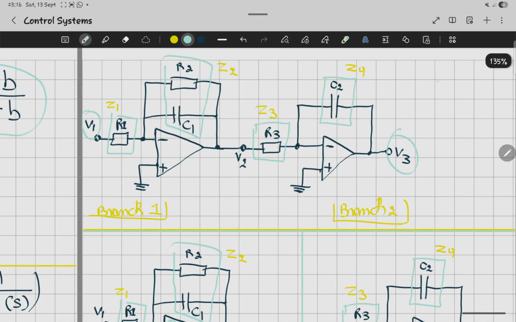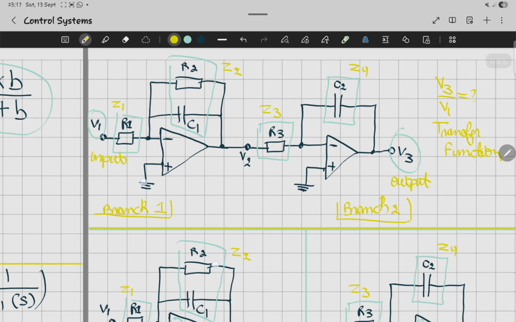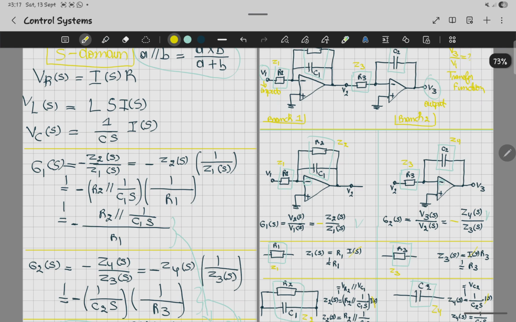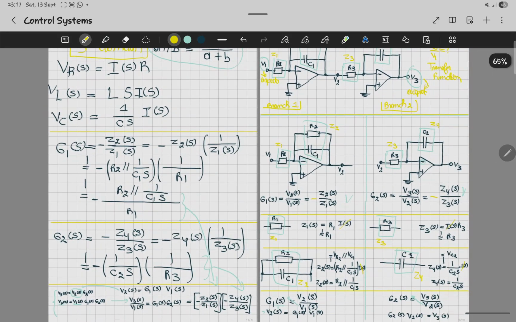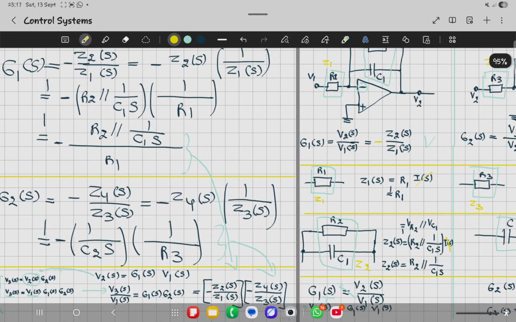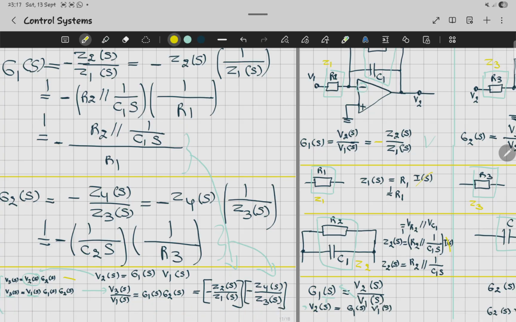So the question was to solve for V3 over V1, which is the transfer function of this system. It's the final output over the first input. We had to do all of this in order to solve it, and in the end it's this one times this one.